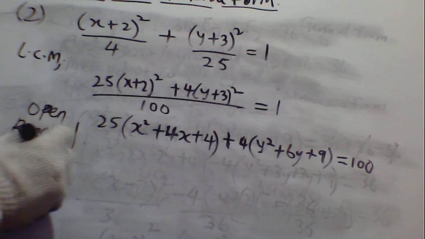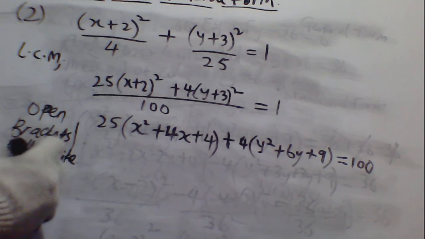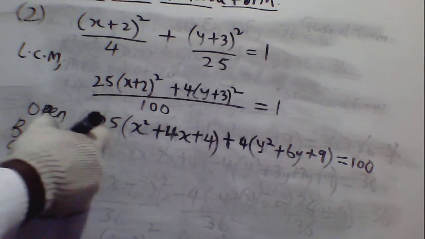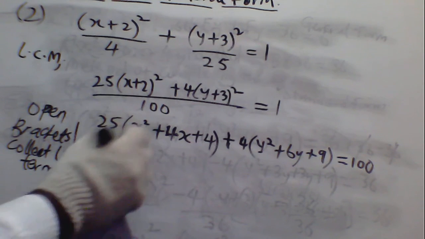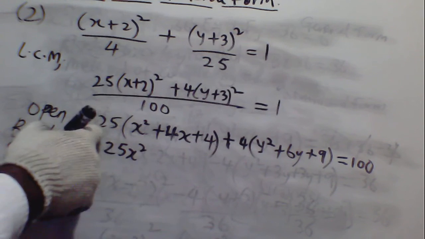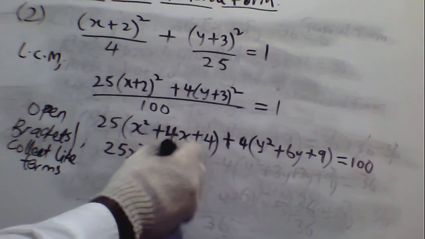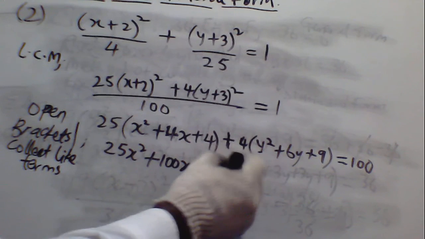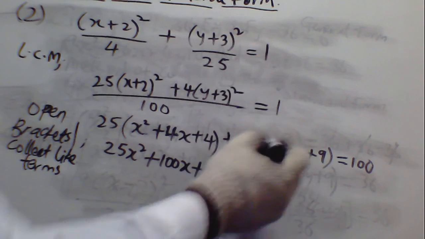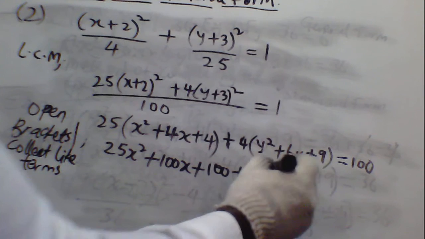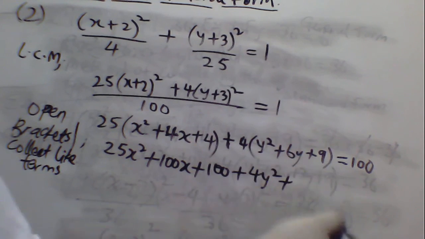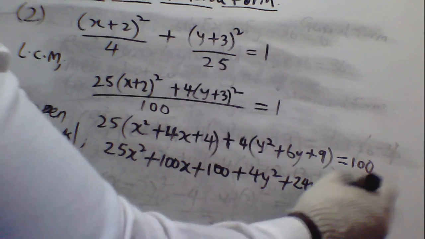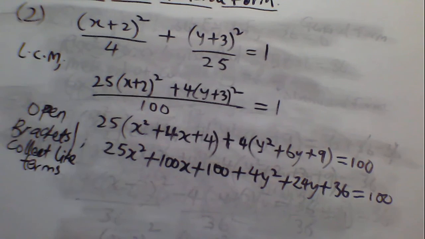This gives us 25x squared. 25 times 4 will give us 100x, plus 4 times 25 will give us 100, plus 4 times y squared will give us 4y squared, plus 4 times 6y will give us 24y. 4 times 9 will give us 36. Equate it to 100.